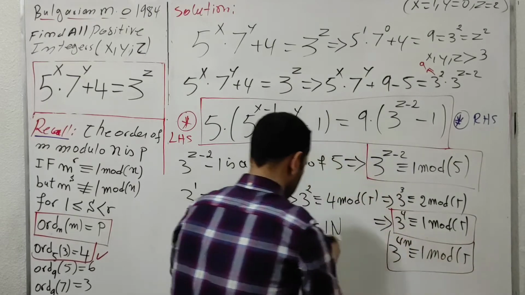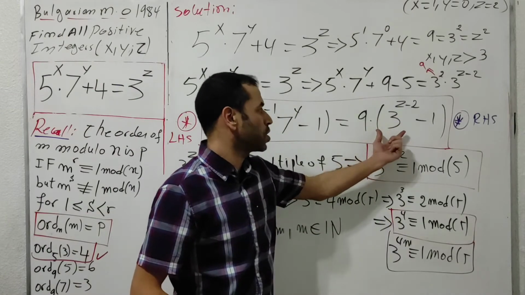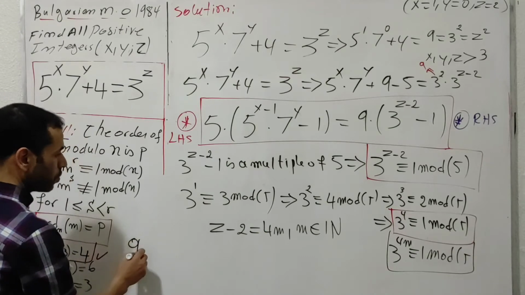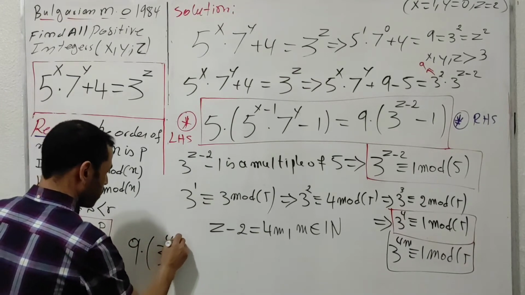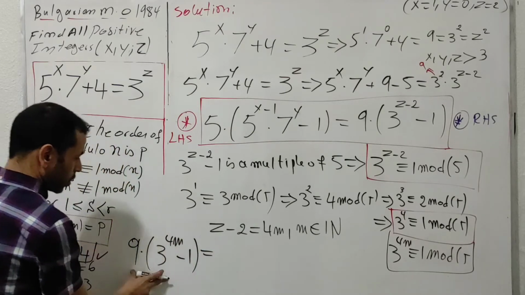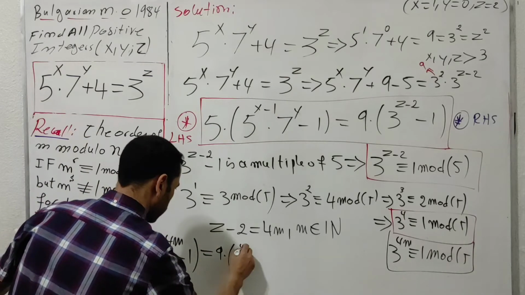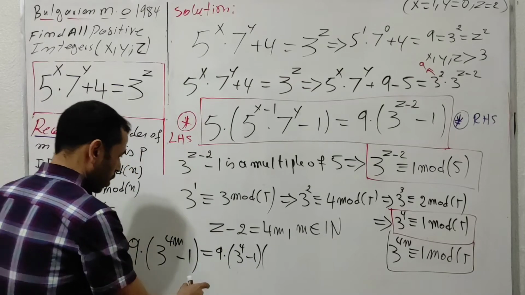I'm going to replace z minus 2 with 4m to see what this gives us. I have 9 multiplied by 3 to the 4m minus 1. I'm going to factor this out, which gives me 9 multiplied by 3 to the 4th minus 1, times the next factor. I know it's very tricky to factor this out.